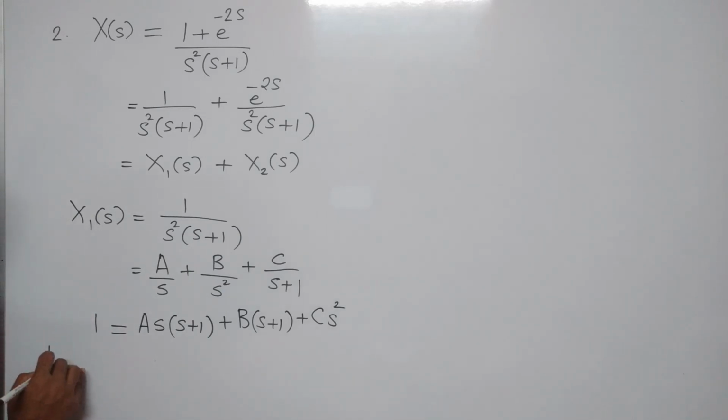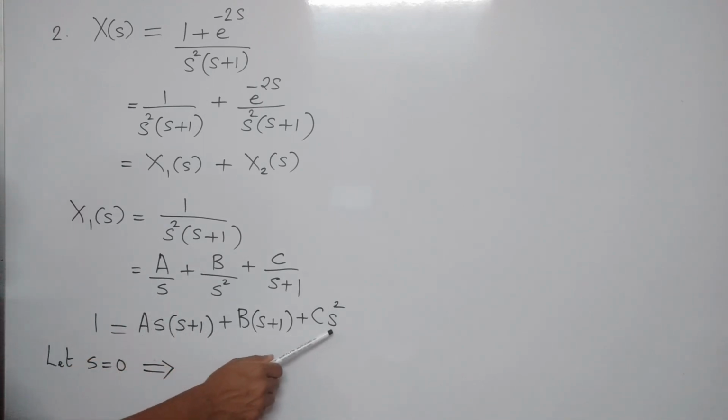Now let s equal to 0. When s equals 0, this term will tend to 0, and this will reduce to 0. So 1 is equal to 0 plus 1, 1.